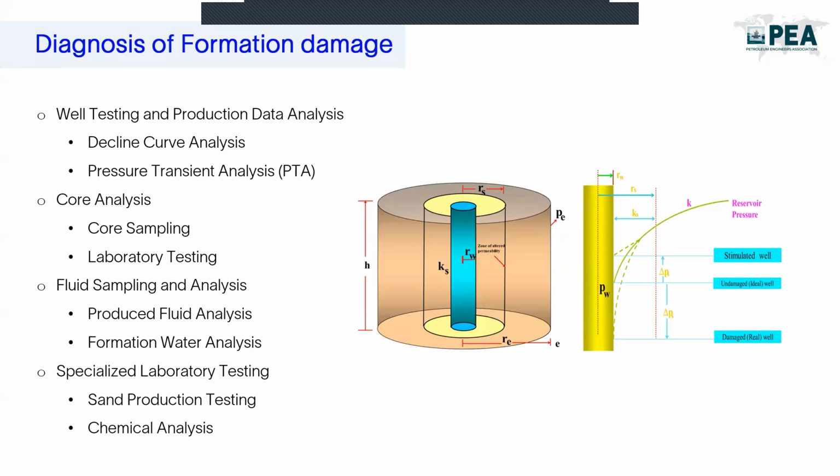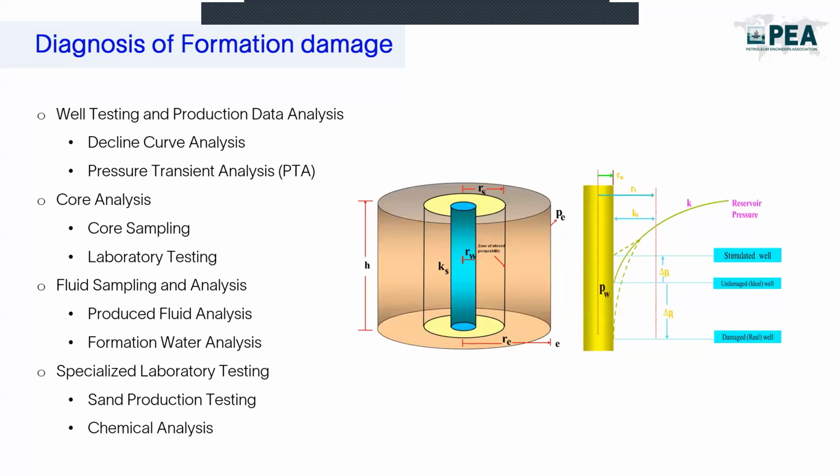During the pressure transient analysis, the skin factor is calculated by analyzing the pressure differences between the actual well performance and the ideal well performance or undamaged reservoir conditions. So this is basically the main concept of the skin factor. Eventually the PTA analysis allows you to quantify the degree of damage, helping operators understand how much the damage is affecting the well productivity.